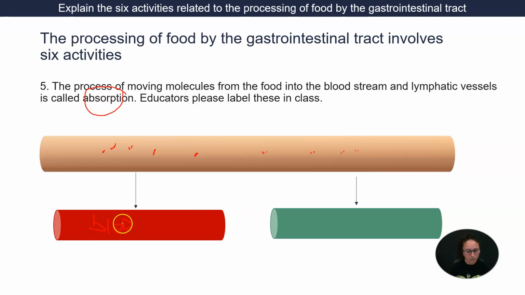That is absorption, moving things from here into here. And absorption is also moving things from the gastrointestinal tract to your lymphatic capillaries. So there are two kinds of absorption, into your blood and into your lymphatic system.